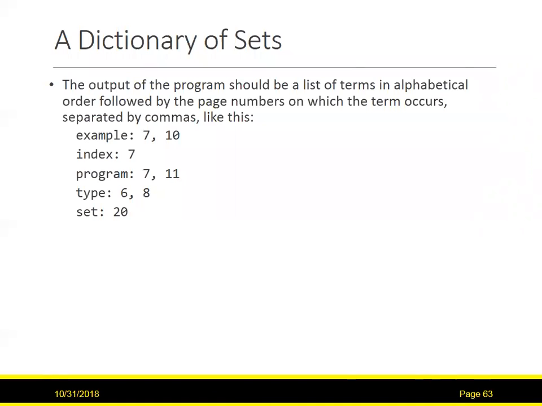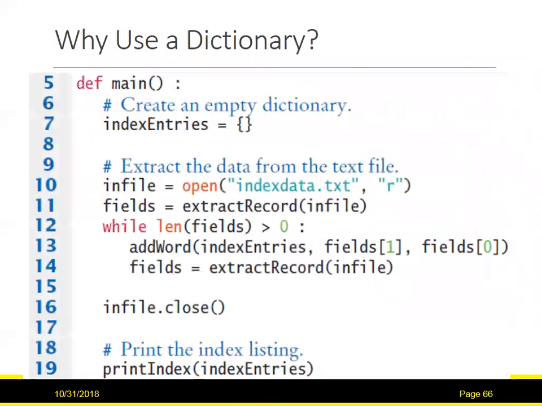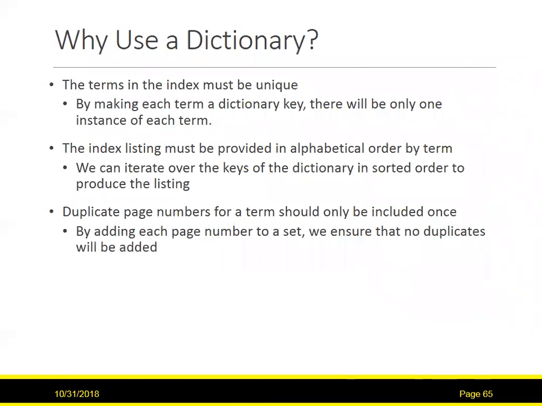But this is the most straightforward and what they want to show us. So we have a dictionary of words, and the value for the example key is a set of numbers. I believe they'll show, it's just code. Great.